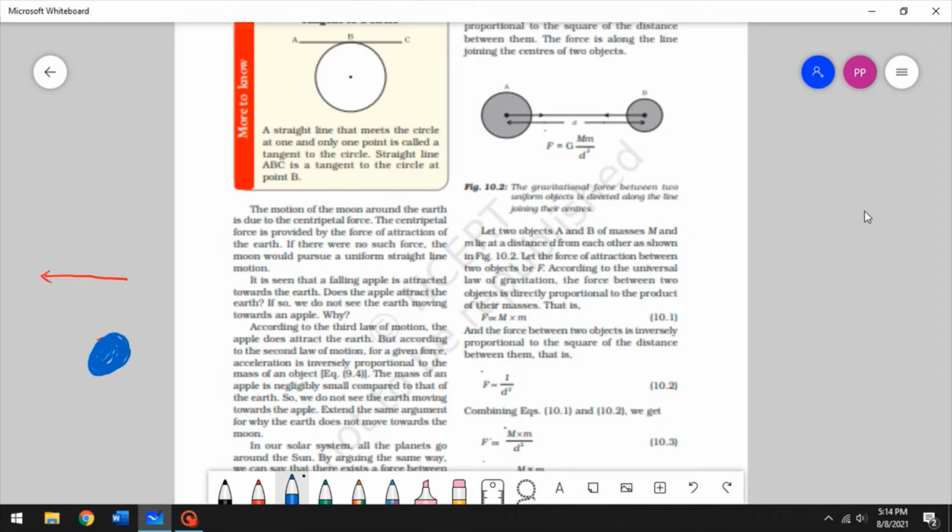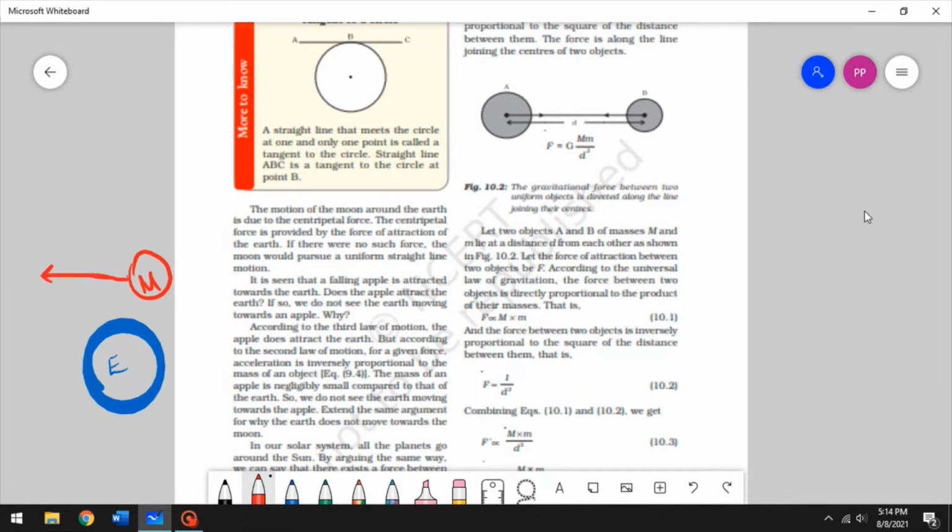If this is the earth, that's a very bad circle, but I don't know. Let's do this. Alright? Okay. Yep. So this is the earth, and this is the moon. Right? If there was no centripetal force, if the moon was here, it would just travel along a straight line.